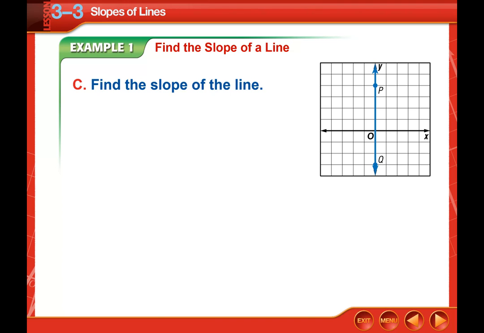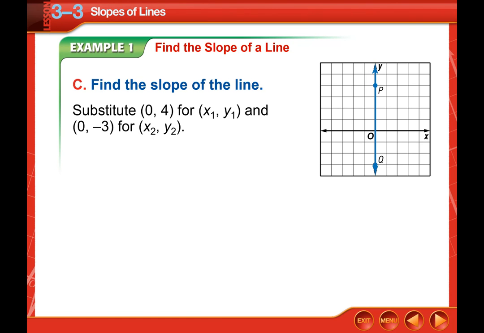Find the slope of this line. Okay, we have for point P 0 and positive 4. And for point Q, 0, negative 3. Substitute that into our formula.